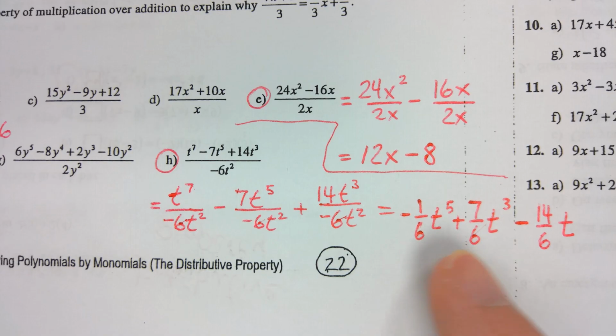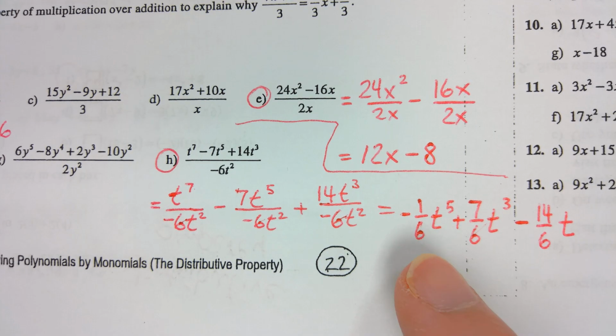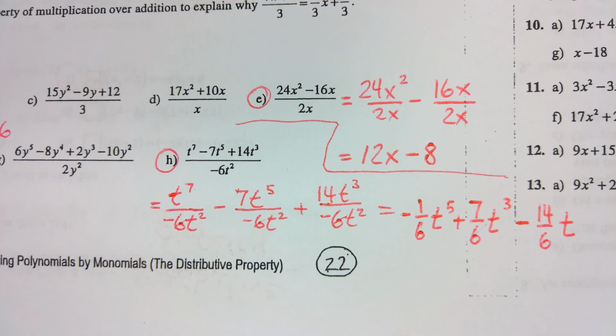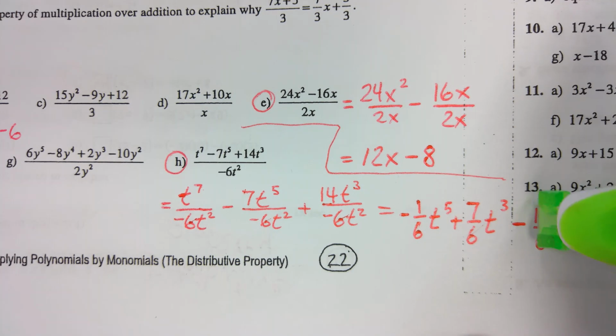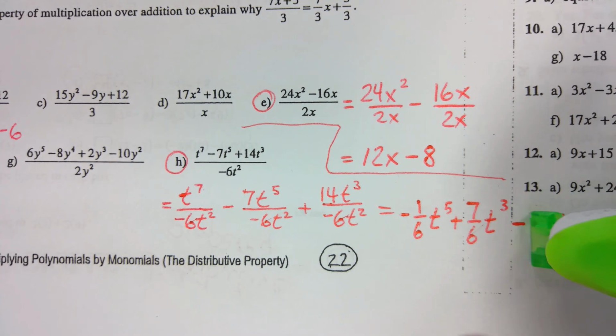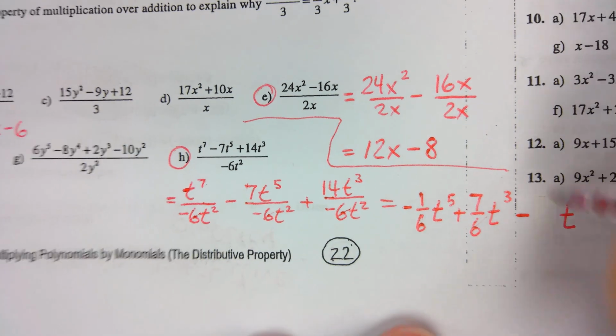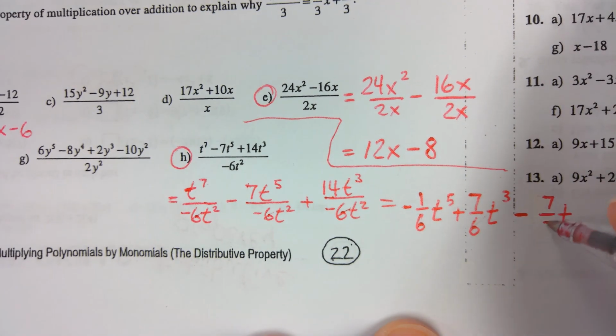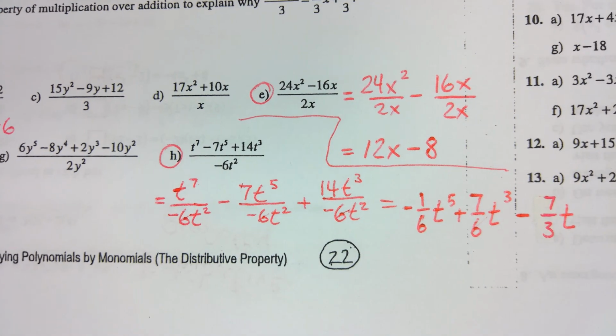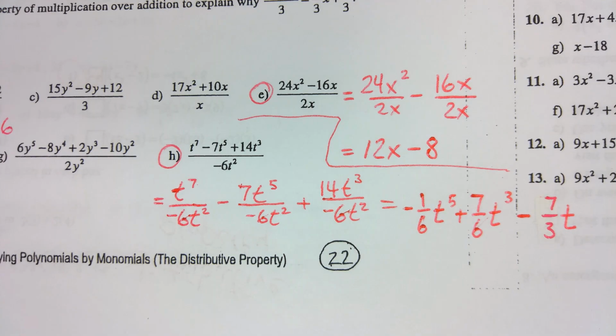One is a t to the 5, one is a t to the 3. So I can't combine them. But where did I lose that half a mark? 14/6. 14/6 is 7/3. There you go.